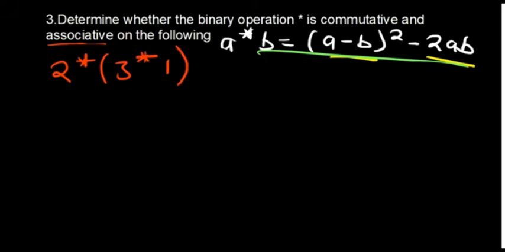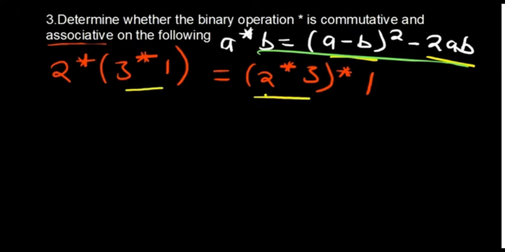If it's associative, this is supposed to be equivalent to 2 star 3, then star 1. In short, whether you start with 3 and 1 or with 2 and 3, it's supposed to be the same. That is what it means when it's associative. It doesn't matter which one you start with.